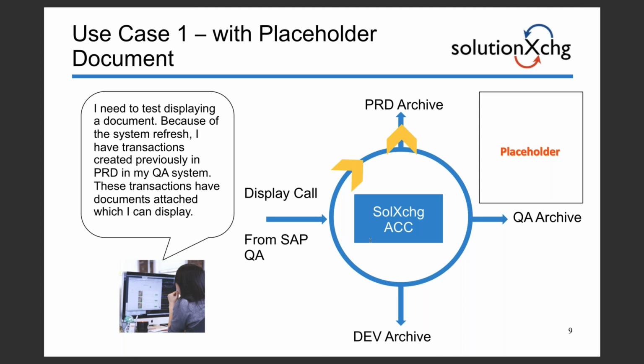So if the call goes out to a production archive from an SAP QA system, and you're trying to retrieve an existing production document, the ACC will be clever enough to understand that this is a restricted archive, and then display a placeholder document instead of the actual document. So instead of receiving a 404 error, this particular scenario is very helpful as well.